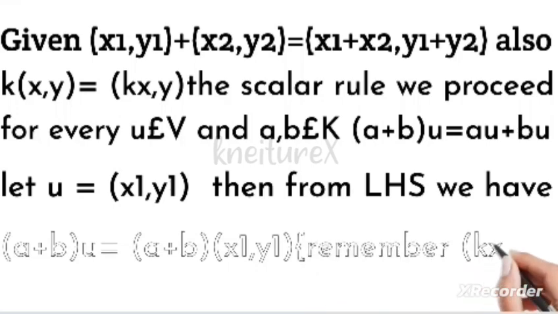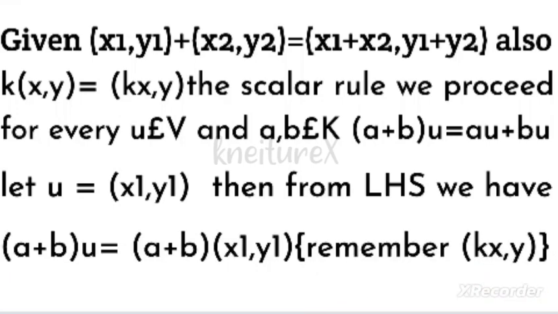Now for every u that is in big V and a, b that is in k, we have our distributive property of scalars, where we have (a plus b)u equals au plus bu. So now u is (x1, y1). We have to prove from our left hand side.